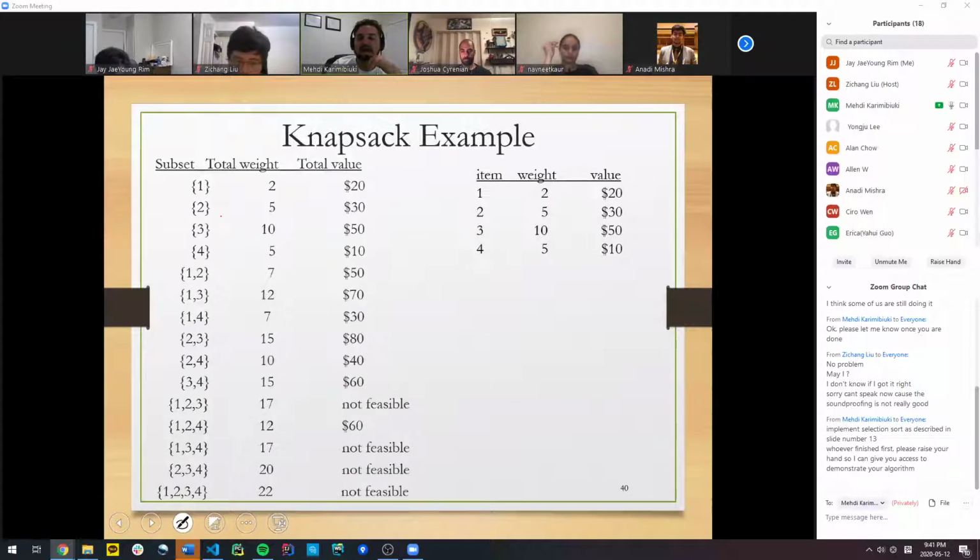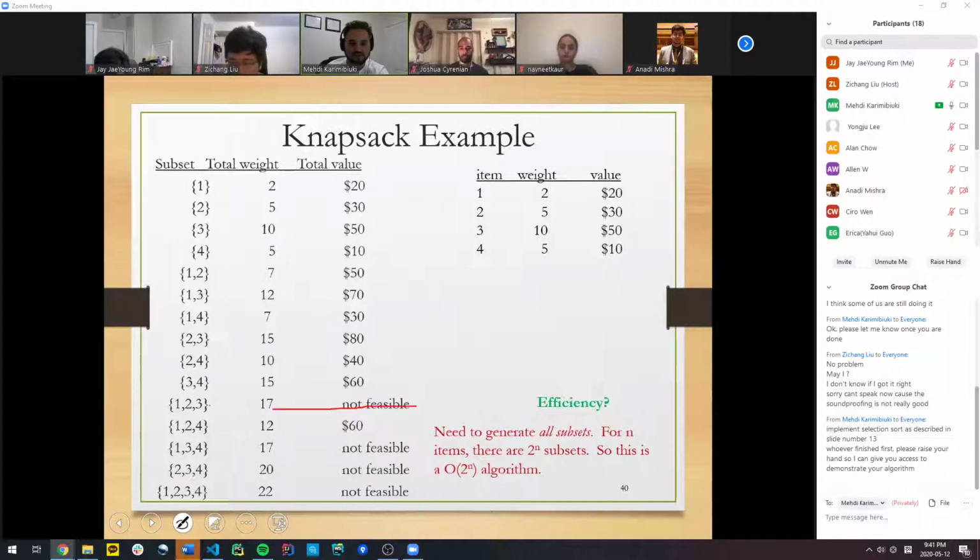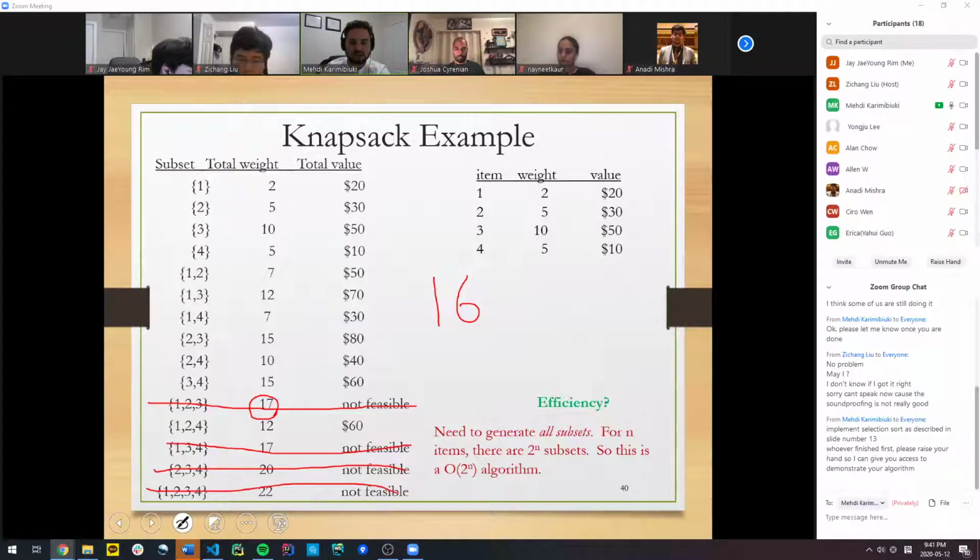So here is the catch. We have calculated all the subsets and their total weight, and we are going to remove the ones that are not possible. So for example, this one is not feasible. That's 17. We have to be within 16. This one is not feasible. This one is not. This one is not. The ones that are closest to 16 are this one or this one. So which one of the 2 would you pick?